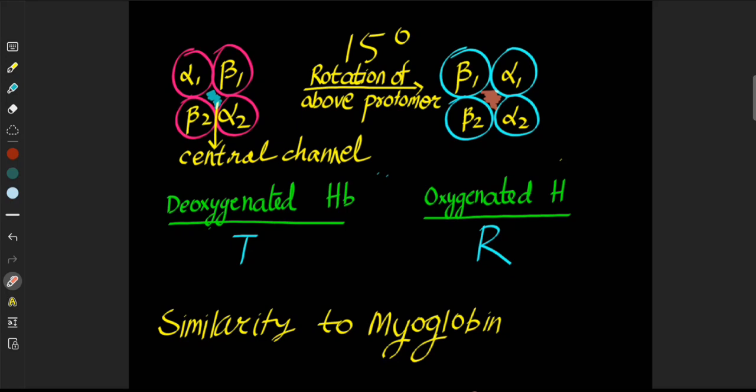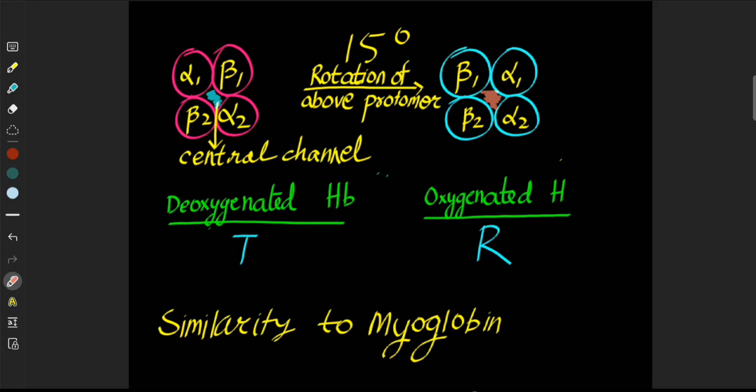hemoglobin chains. Now, when we talk about hemoglobin, we all know that hemoglobin is a very important molecule which allows the oxygen to reach different parts of our body, right? So that is actually the main purpose of hemoglobin.